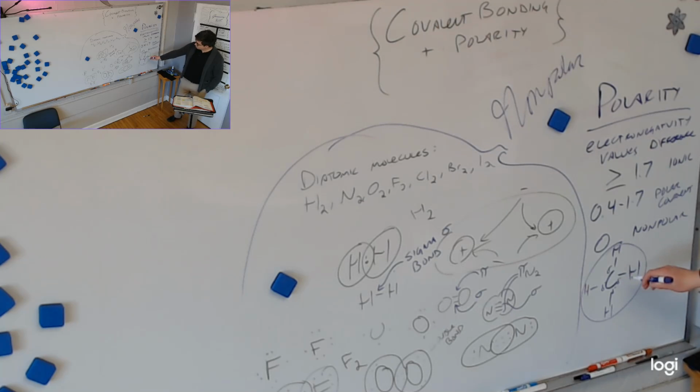Next thing is we use this little lowercase delta to represent partial positive or partial negative. The classic example of this is water. So if I have a water molecule, the electrons like to spend their time with oxygen more than with hydrogen, because why?